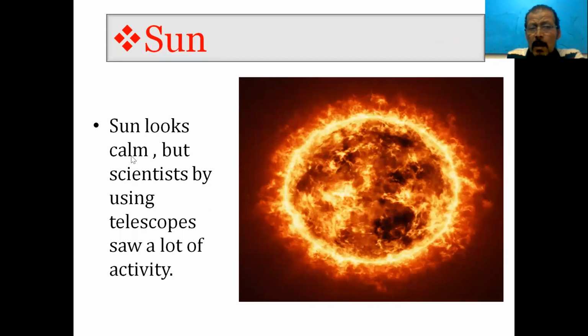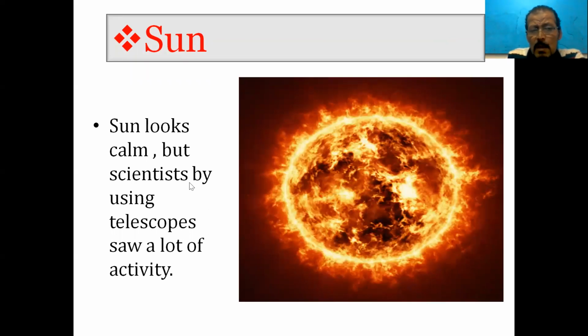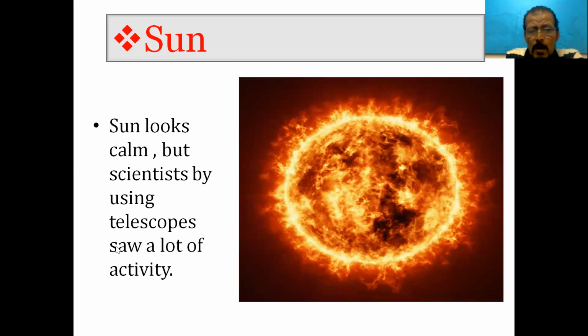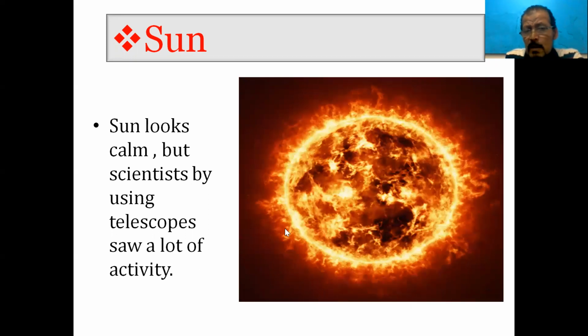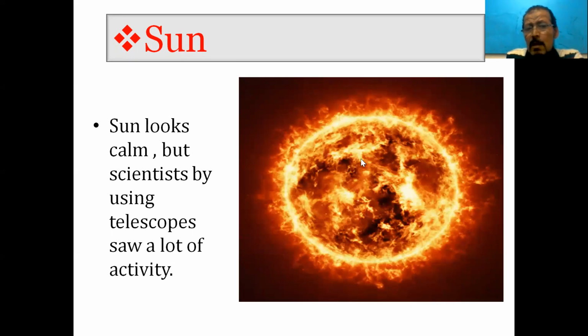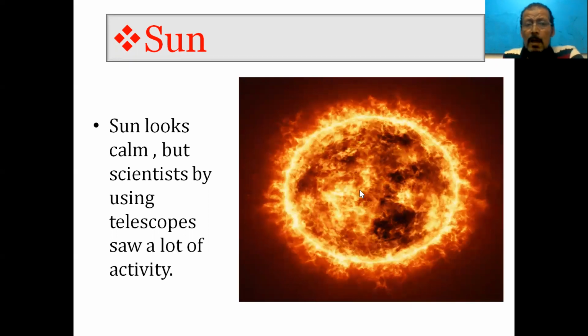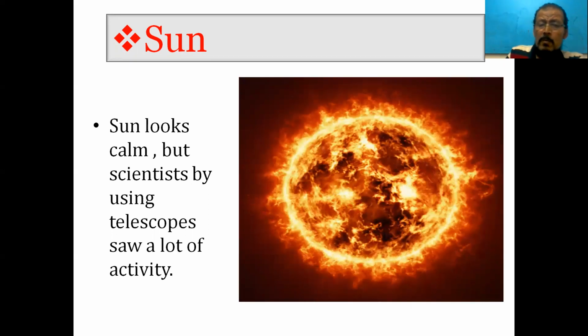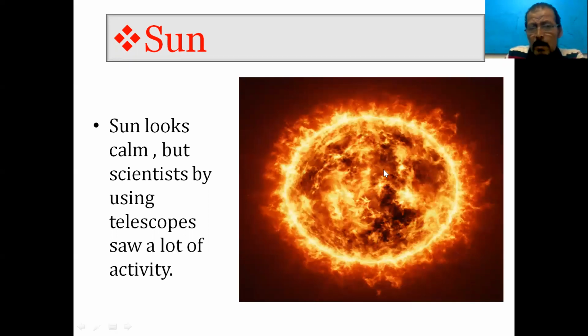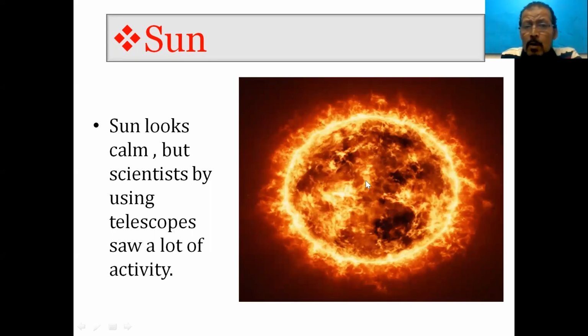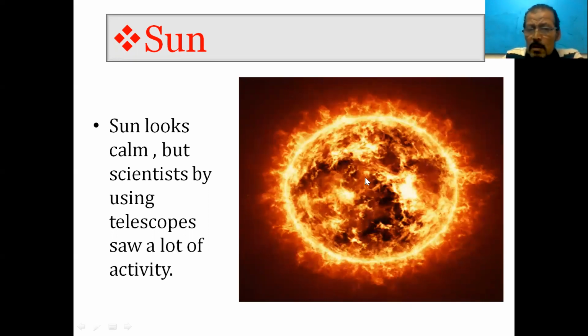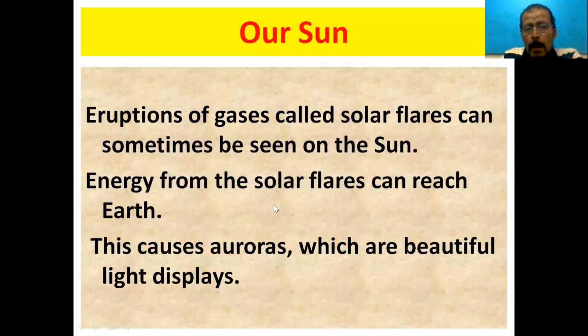The sun looks calm, but scientists using telescopes saw a lot of activity. This is the reaction of hydrogen together to form helium. It is like a nuclear bomb, a huge nuclear bomb. This is inside the sun.